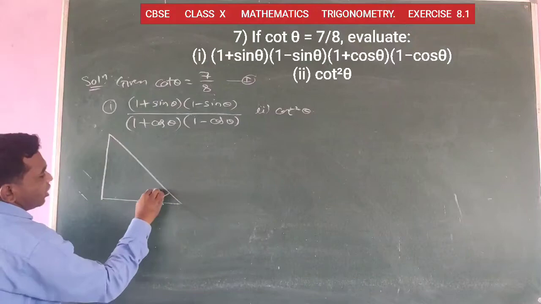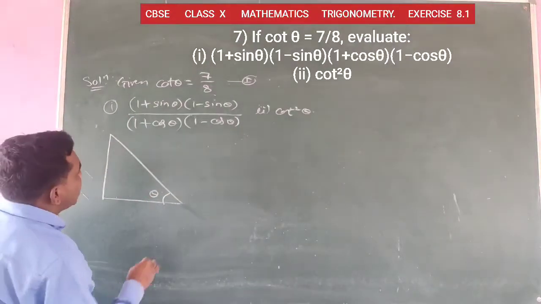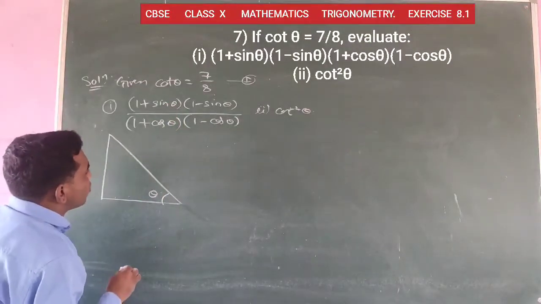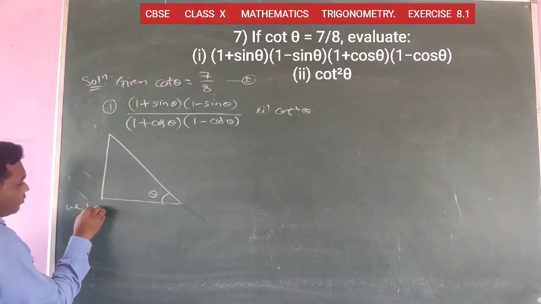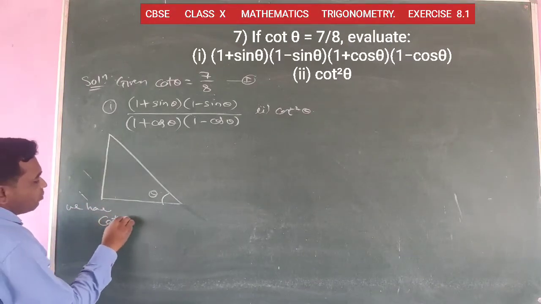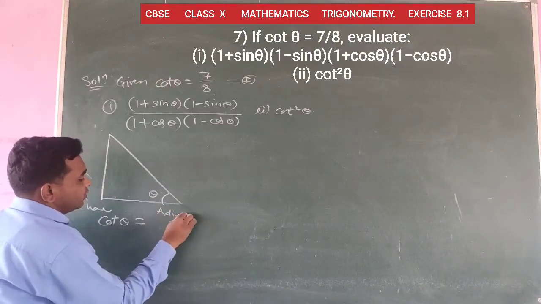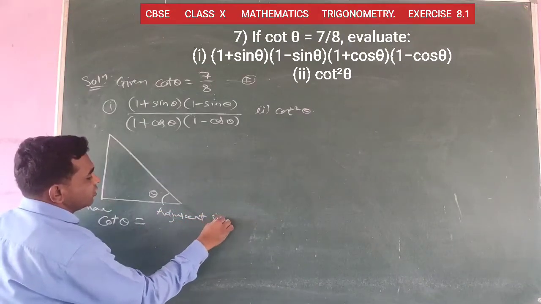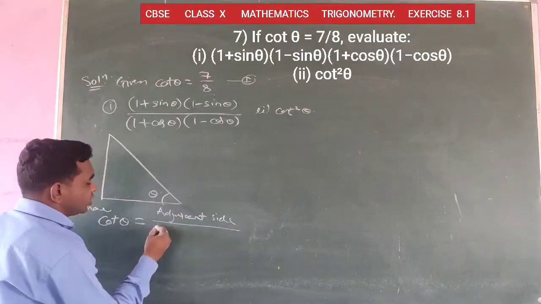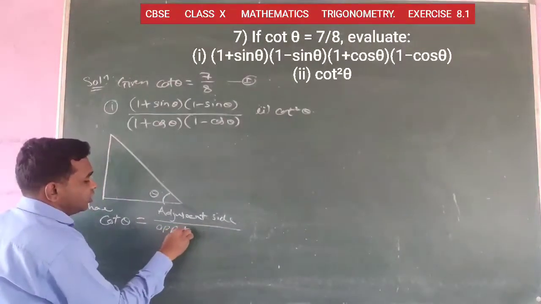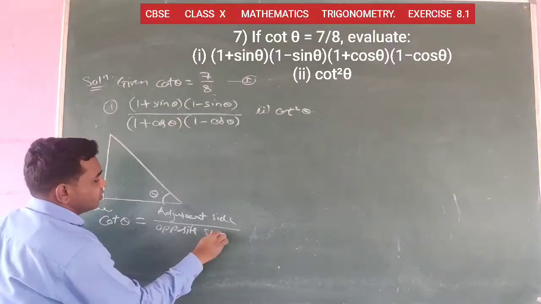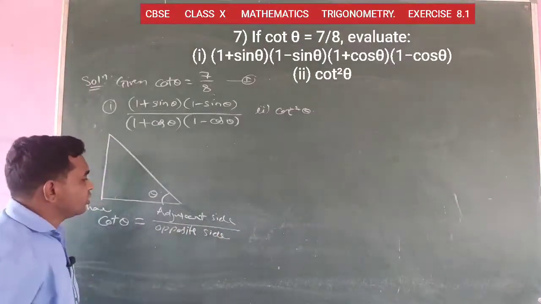Write down the angle theta. This is the angle theta, and cot theta is equal to 7 upon 8, and the cot theta formula is adjacent side upon opposite side.